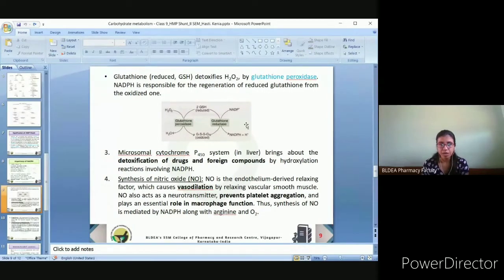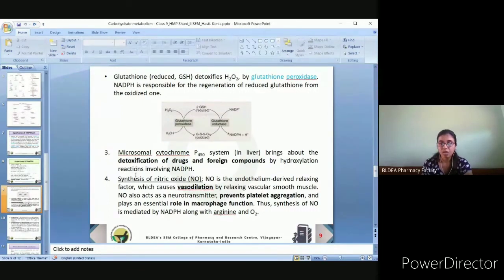Hence, NADPH tends to reduce these systems. Here you can see the P450 system brings about detoxification of drugs, or oxidation of drugs and foreign compounds, by hydroxylation reactions involving NADPH. So NADPH also plays an important role in metabolic pathways and in detoxification of drugs.